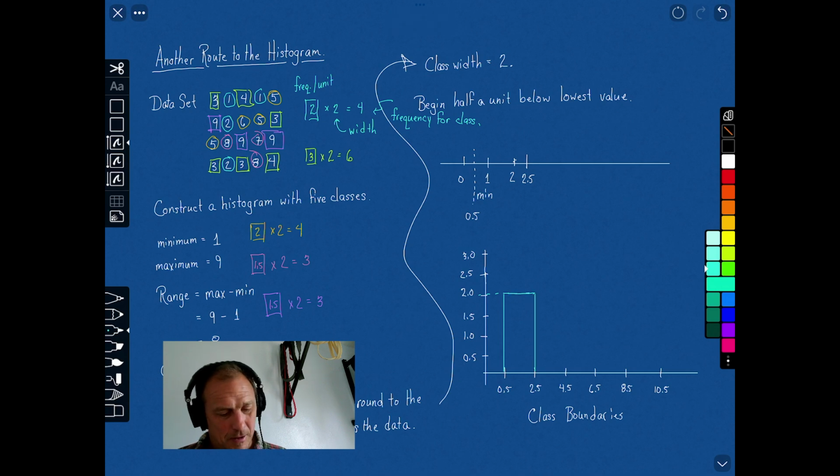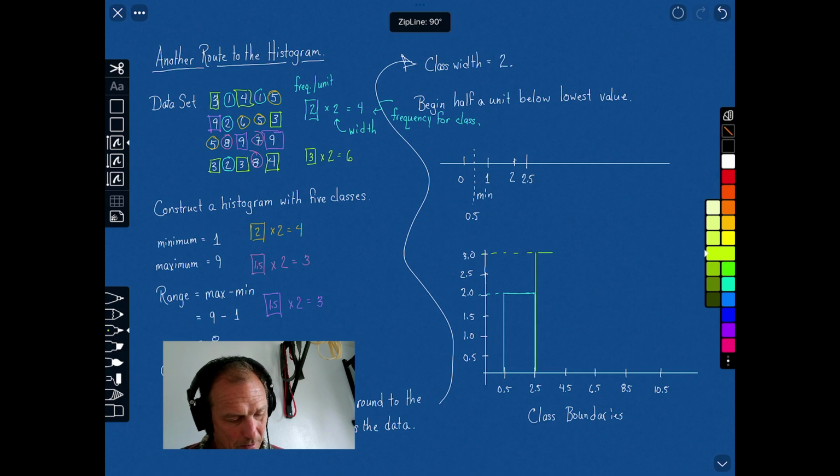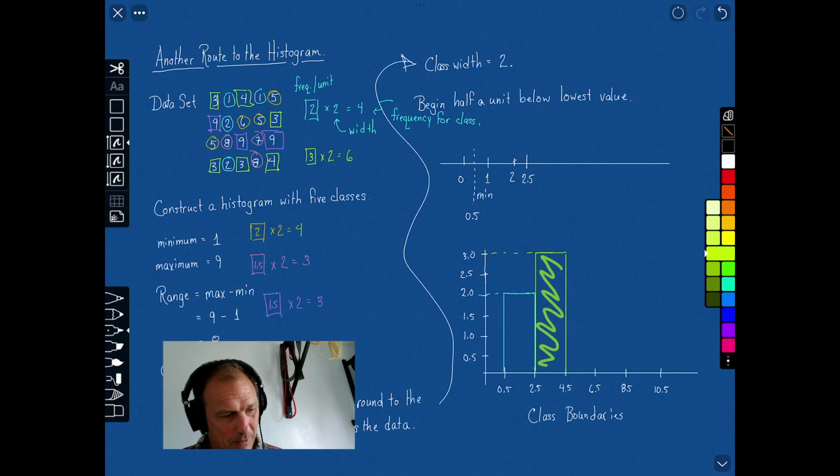Okay. Green, I think it's this color, or yellowy green color, is 3. Let's go right up alongside that there. And then the orange, this color, yeah.